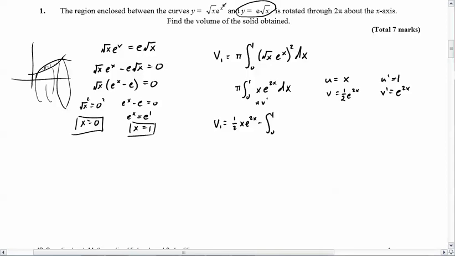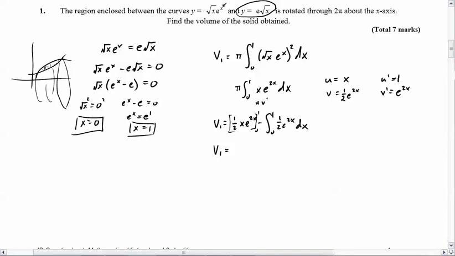So v is, of course, still your 1/2 e to the 2x, and then du would be 1 dx, and so we're left with that, which then can be finished off because we can take that integral. And of course this should still be evaluated from 0 to 1.